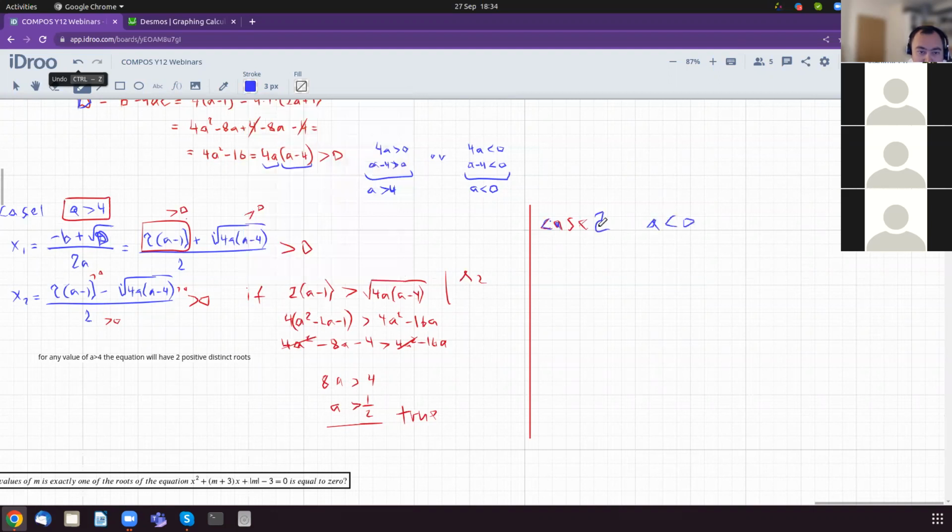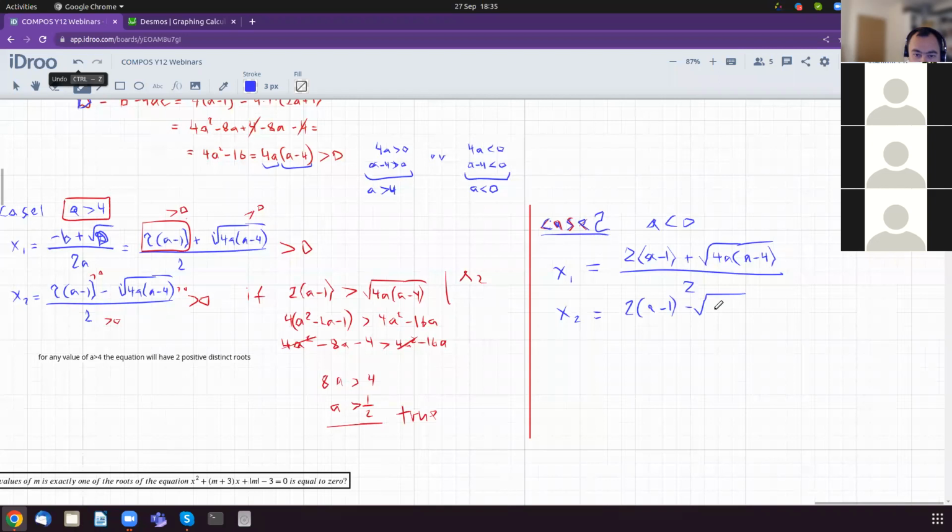Case 2: a is less than 0. If a is less than 0, then x1 is (2a minus 1 plus the square root of 4a minus 4) over 2, and x2 is (2a minus 1 minus the square root of 4a minus 4) divided by 2.